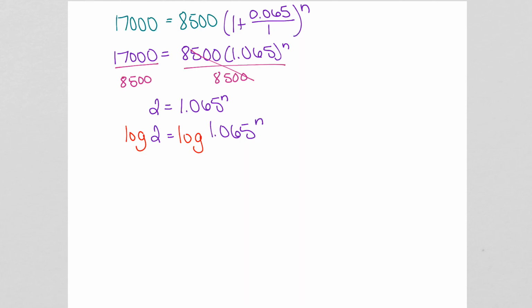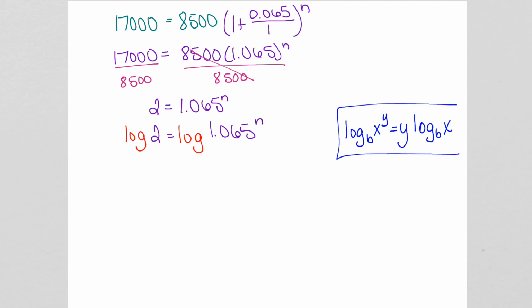Now, how that helps us is that there's this little rule that says that if you have, let's say, log base b of x to the y, then you can put the y out front, and it'll say y times log base b of x. So that's the rule that we're using here, and it is actually equivalent if you take your exponent and put it out front.